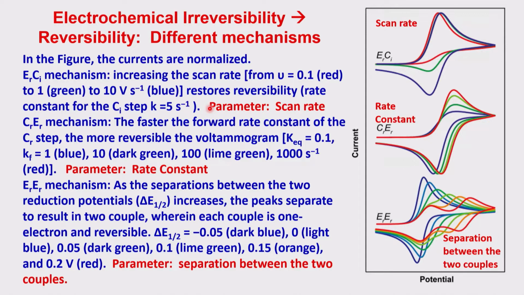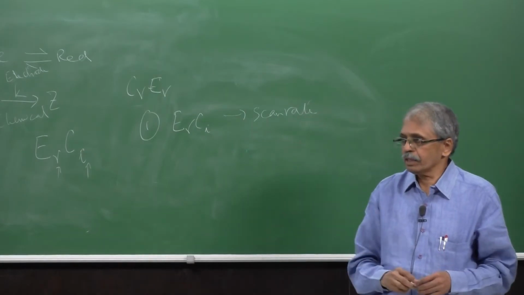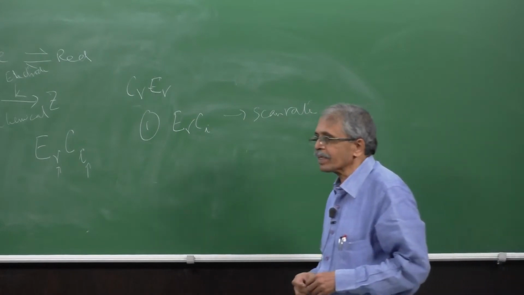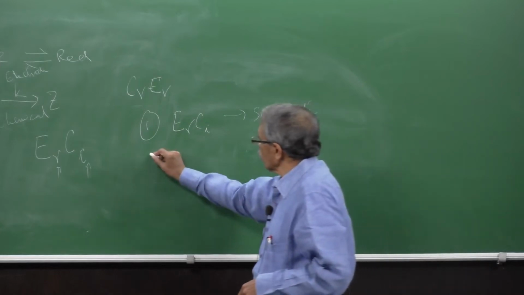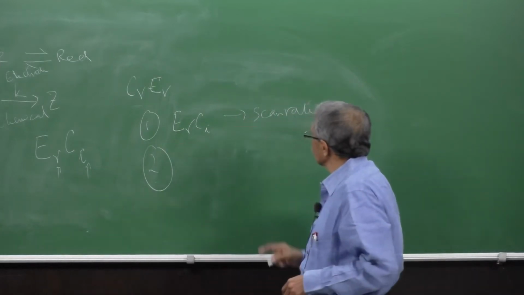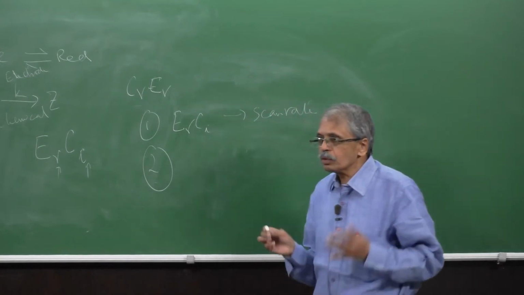That means it is capturing the species which is formed at the surface before it diffuses, before it chemically gets converted. So in the second example, this can be made reversible by changing the scan rate to high. So from irreversible to reversible.